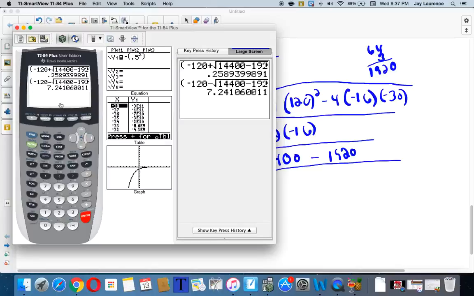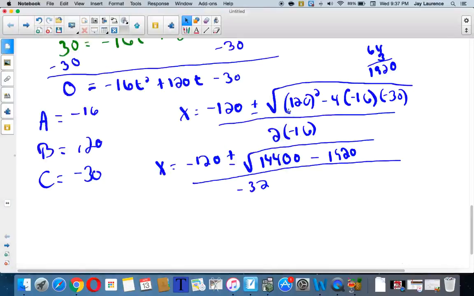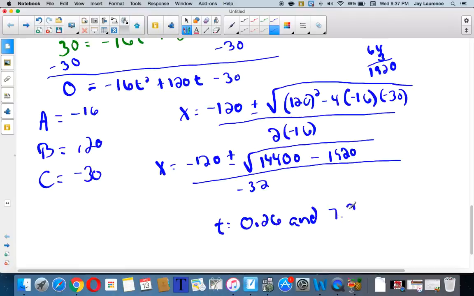Now a cool thing is, if I add those together, let me write down the two answers I got. I got t equals 0 and 26 hundredths, rounded, and I also got 7 and 24 hundredths seconds.